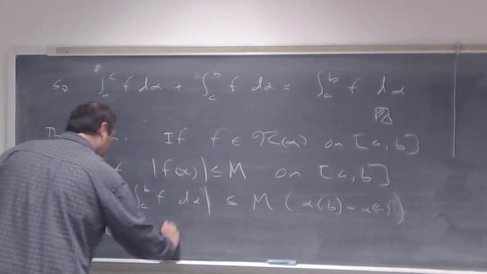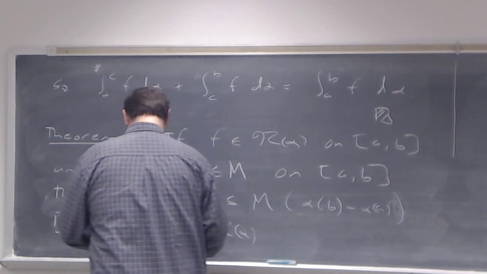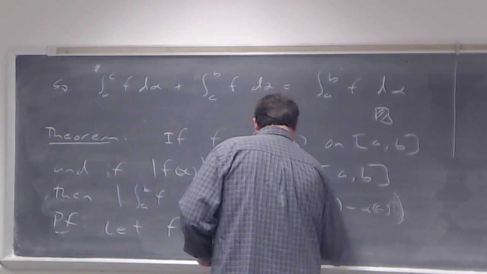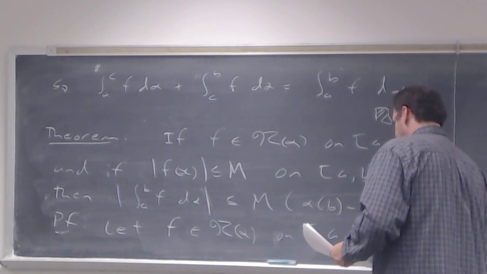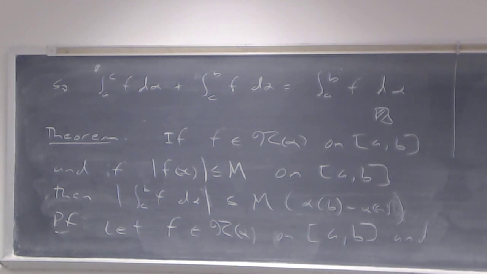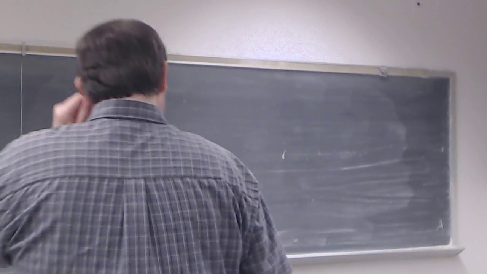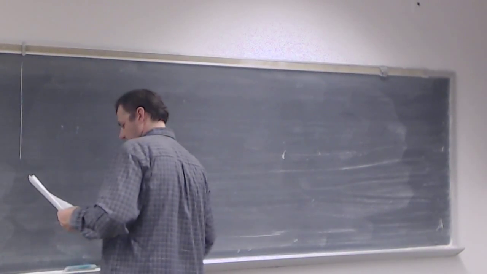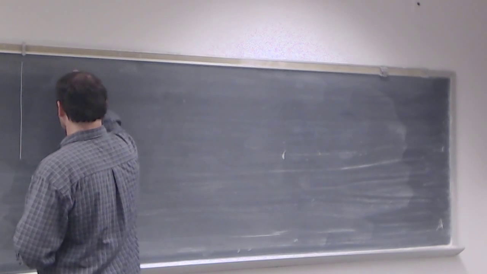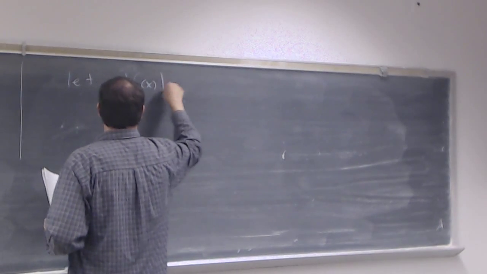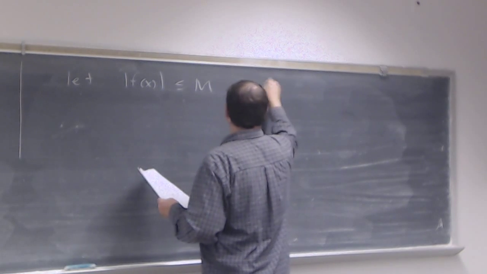We'll start off with letting f be Riemann-Stieltjes integrable with respect to α on A to B, and we're going to let the absolute value of f(x) be less than or equal to M on A to B.